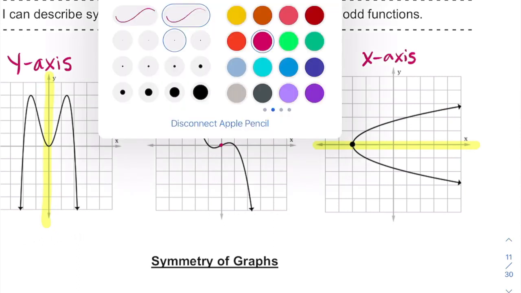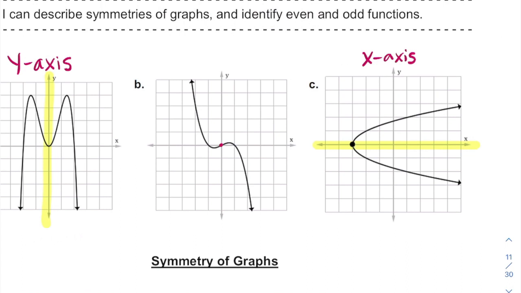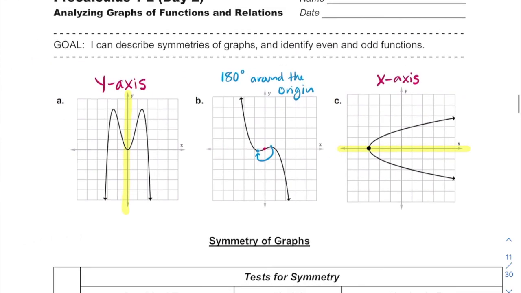If I rotated it a full half circle, 180 degrees, the point that's up here could come all the way around a half circle and end up over here, and so on and so forth for the rest of our points. So this is what we call 180 degree symmetry around the origin.